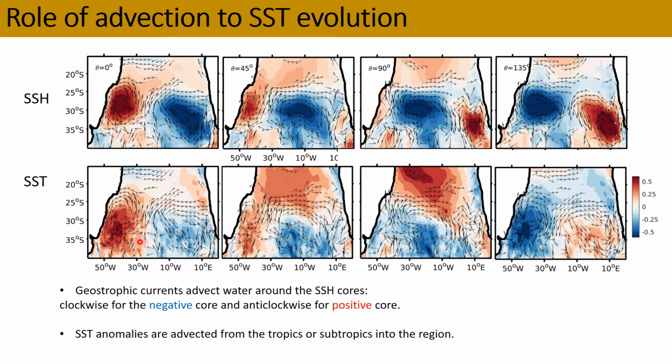And if you look at the temperature anomalies, they are a little bit displaced from the main core of the sea surface height anomaly.